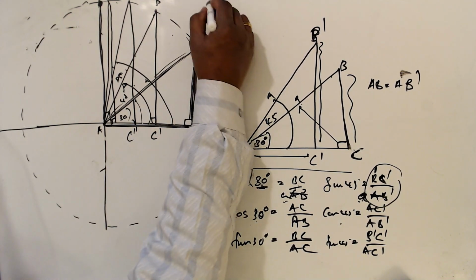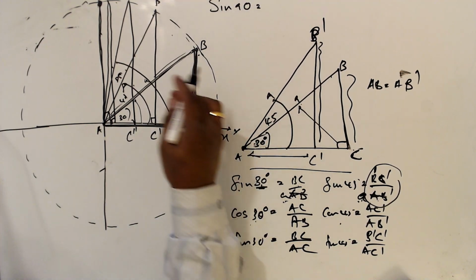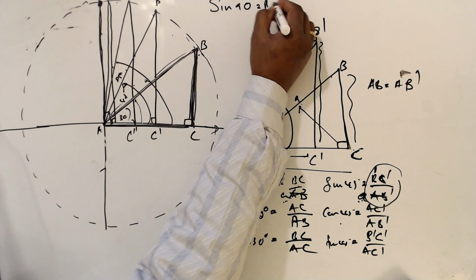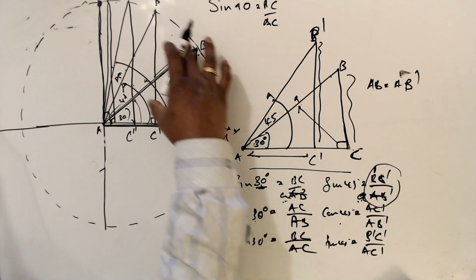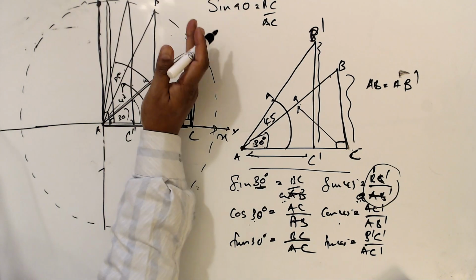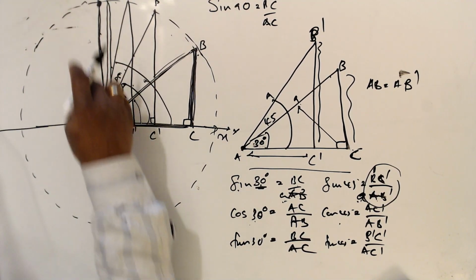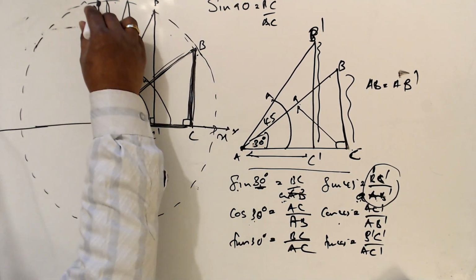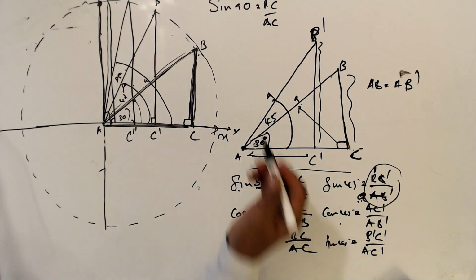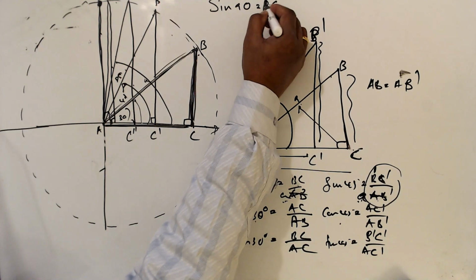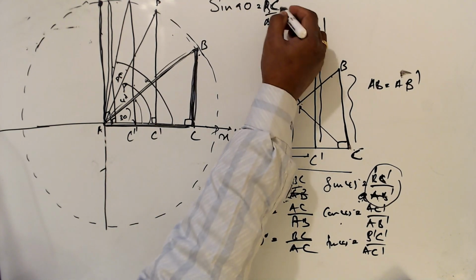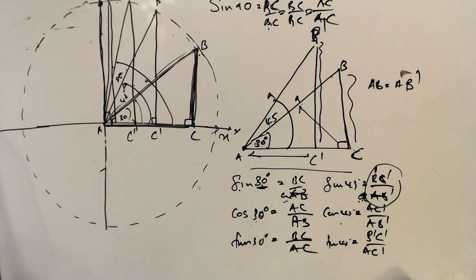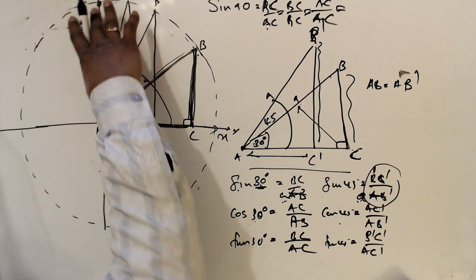What can you tell about sine 90? Sine 90 means BC divided by AC, right? But at sine 90, this is overlapped. It means BC and AC are going to be the same. It means BC over BC, or you can write AC over AC, or they both become the radius.